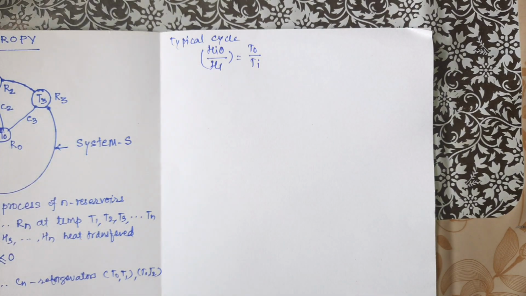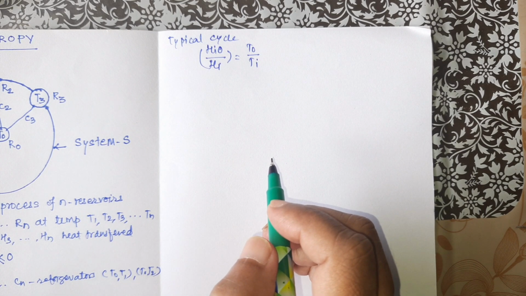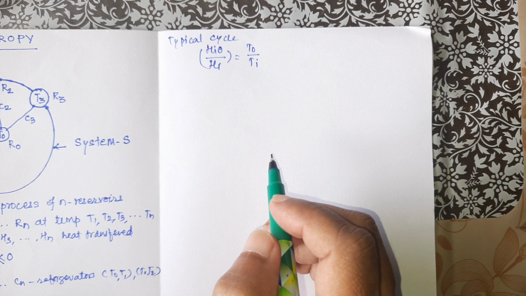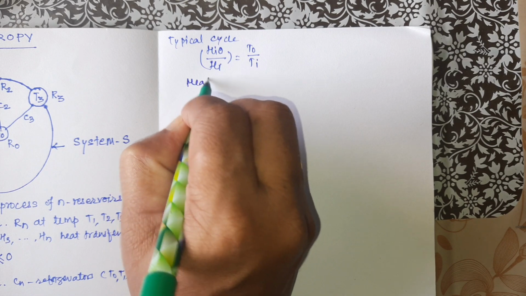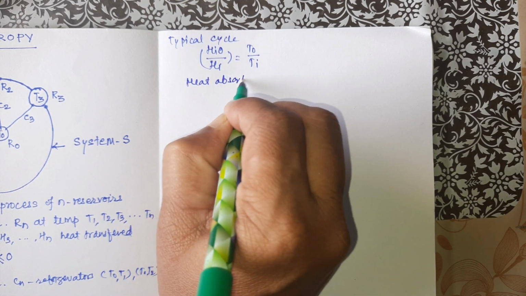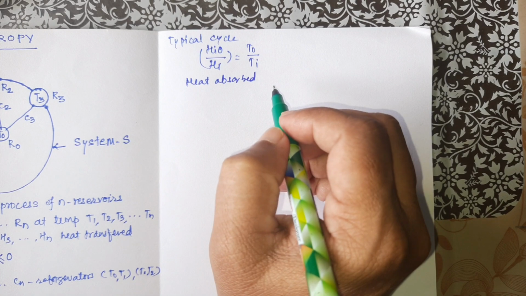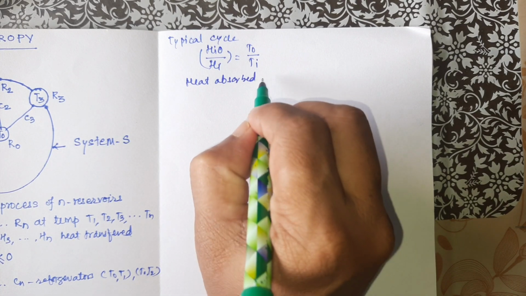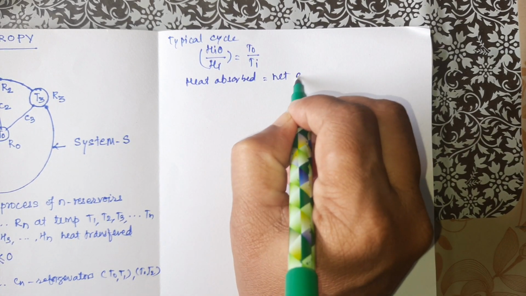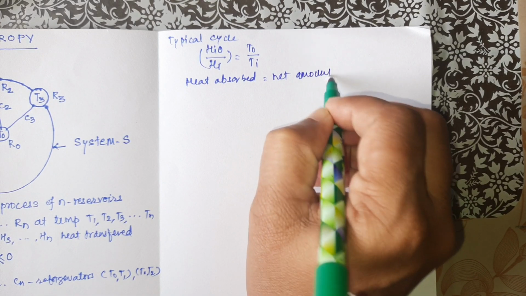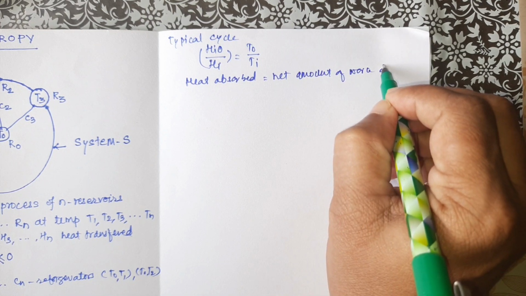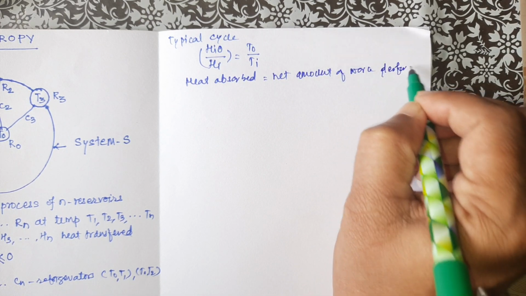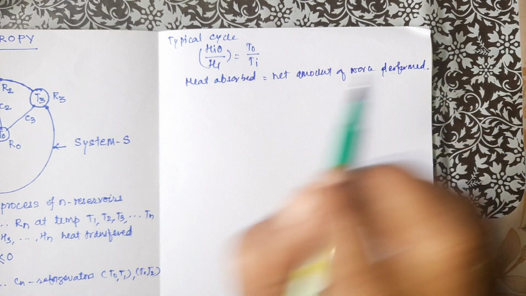But in any cyclic process, the heat absorbed during the process is equal to the net amount of work performed by that process.